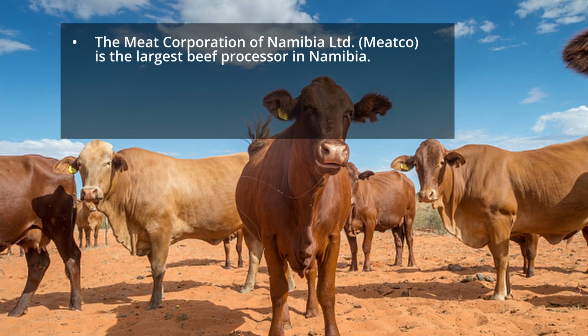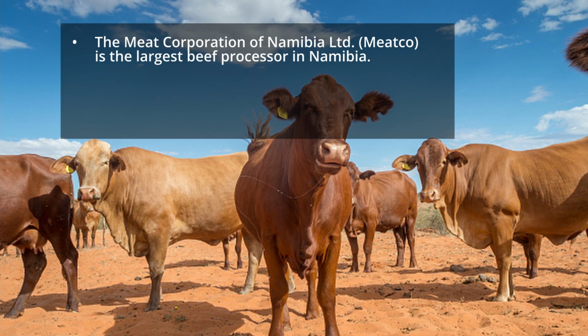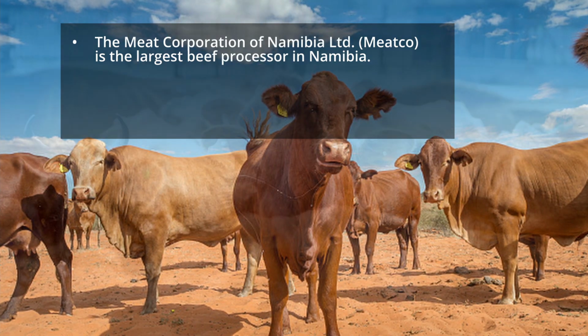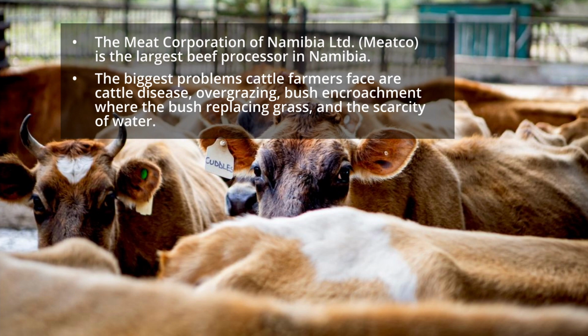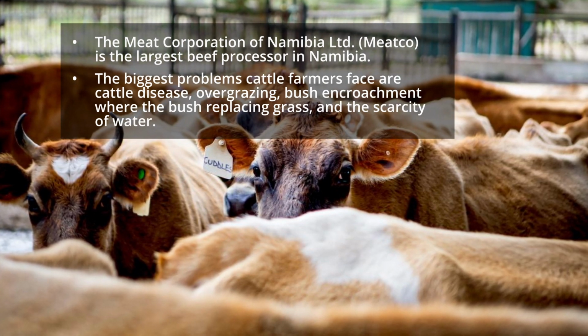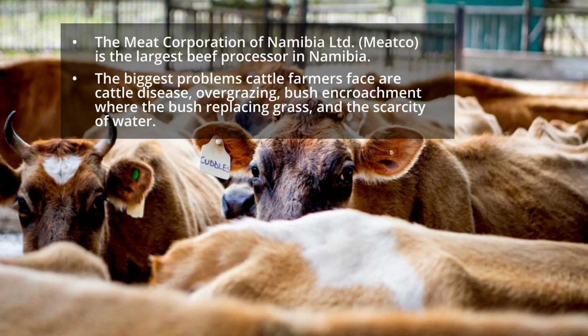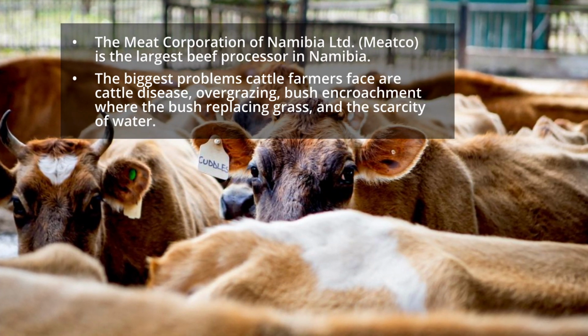The Meat Corporation of Namibia, Meatco, is the largest meat producer in Namibia. The biggest problems cattle farmers face are cattle disease, overgrazing, bush encroachment, where the bush replaces grass, and the scarcity of water.